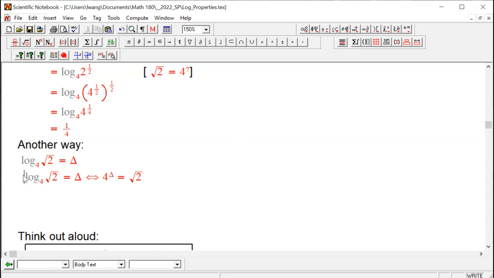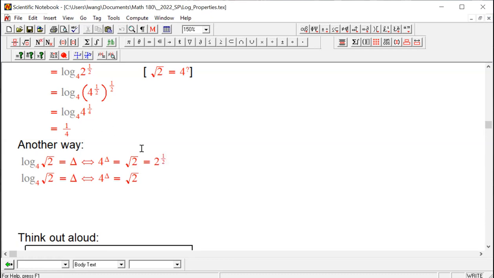So by definition, this piece implies this piece. We're going to bring that over, and then you have to manipulate root 2. What is root 2 equal to? It's 2 to the power of half. The same drill. Then you work on the 2 to make the same base, which is 4.